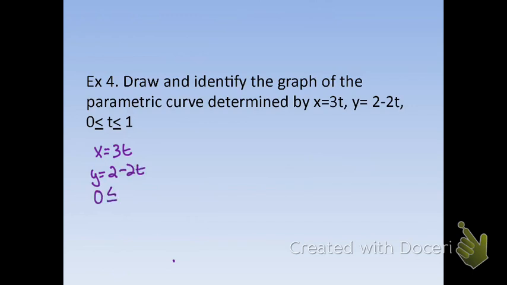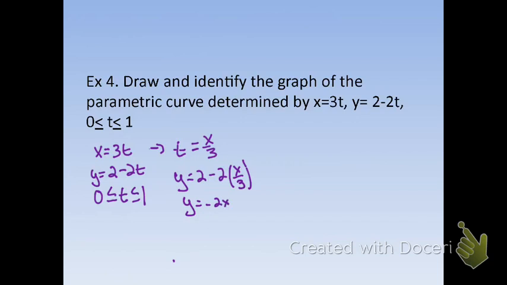We're going from 0 to 1. Once again, we want to get that t by itself, so we have t equals x over 3. I can substitute it in here. y equals 2 minus 2 times x over 3. So that gives me y equals negative 2x over 3 plus 2.